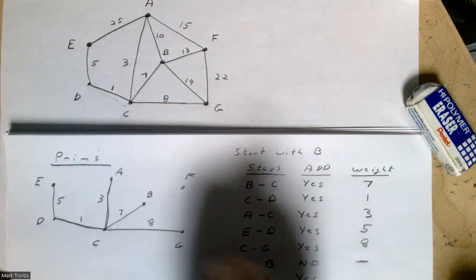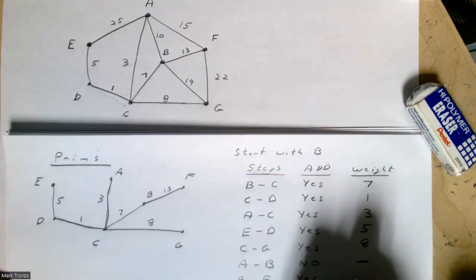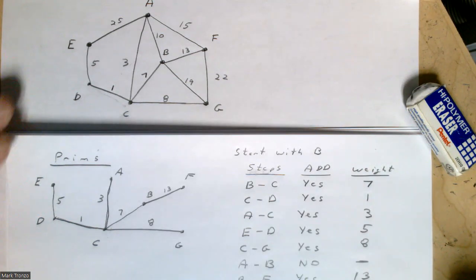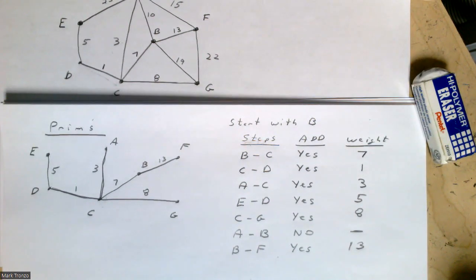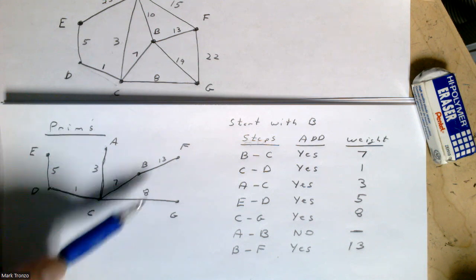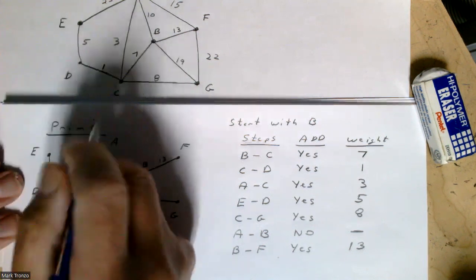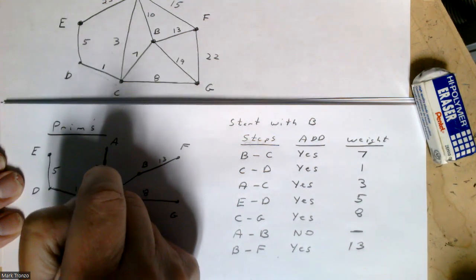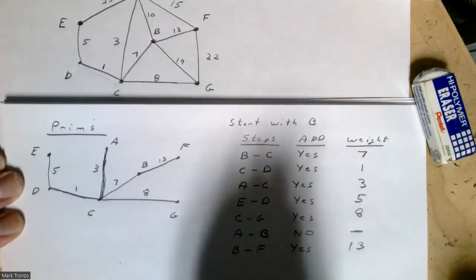And yes, we're going to add that because that's not going to cause a circuit. 13. Now notice we have a spanning graph, or excuse me, a spanning tree. We have a spanning tree here. So we could stop right now. And so we could stop right at this point.